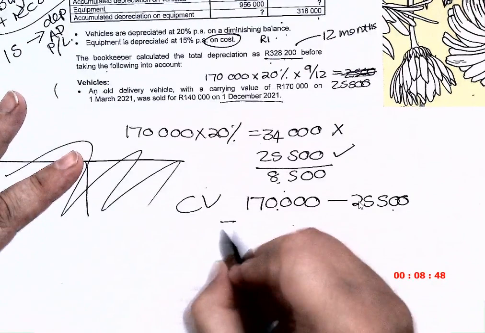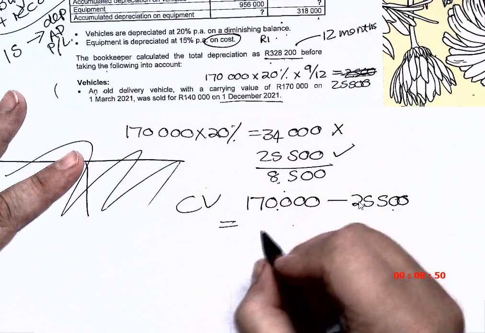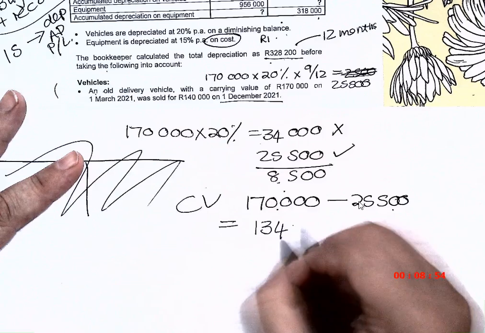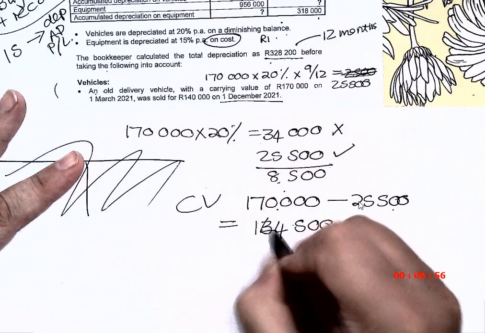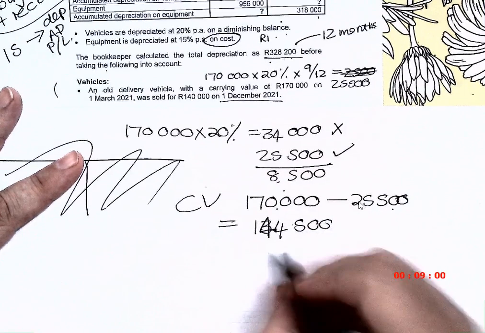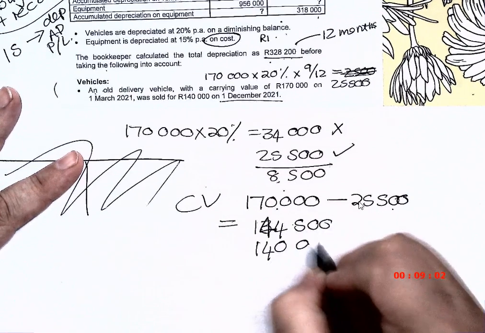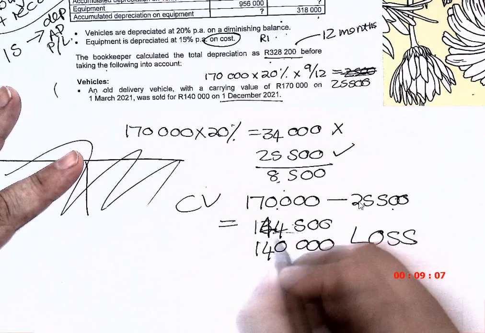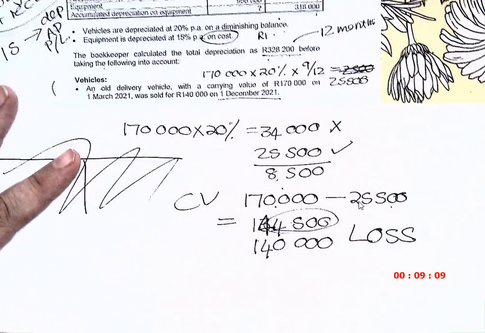So what is the carrying value now? 144,500, and I sold it for 140,000, which means I made a loss of 4,500. Is everybody with me?